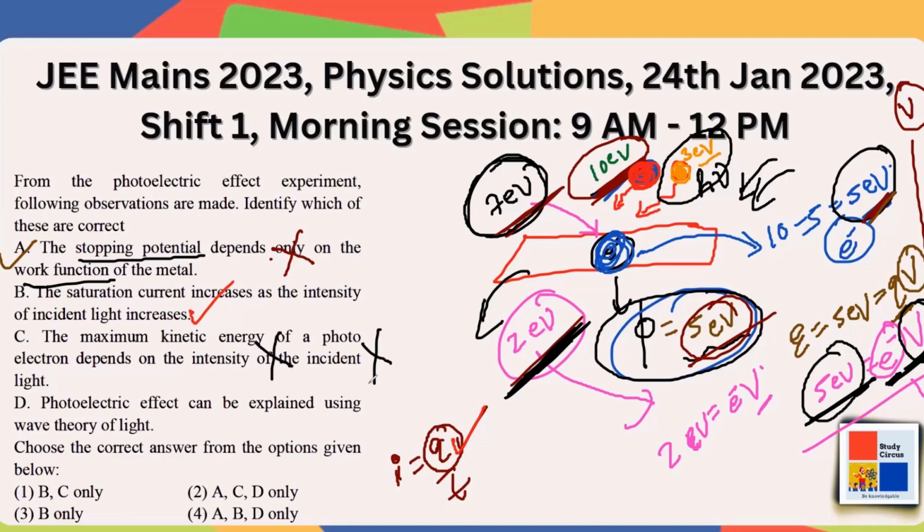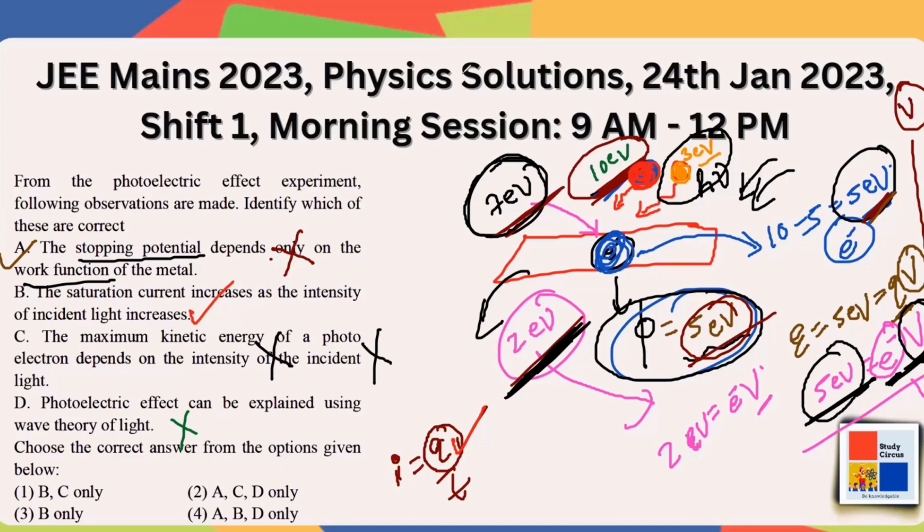Now coming to point D: the photoelectric effect can be explained using the wave theory of light. No, this is the particle nature of light. We are seeing that one photon is colliding with one electron at a time. Otherwise all this is going to be wrong, because only one photon is colliding with an electron at a time.